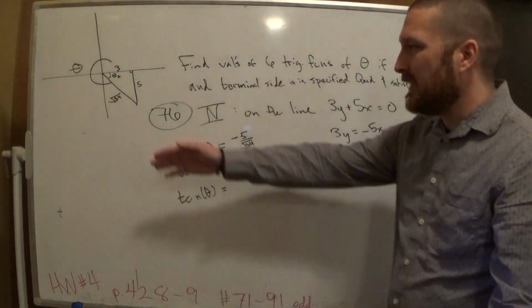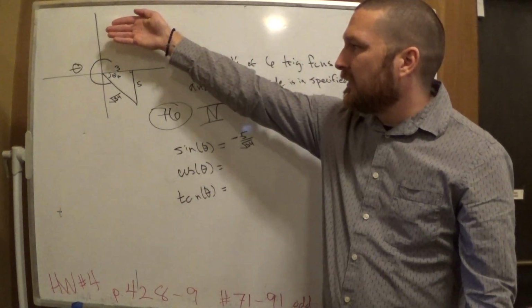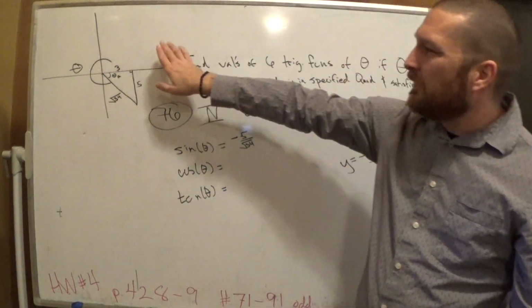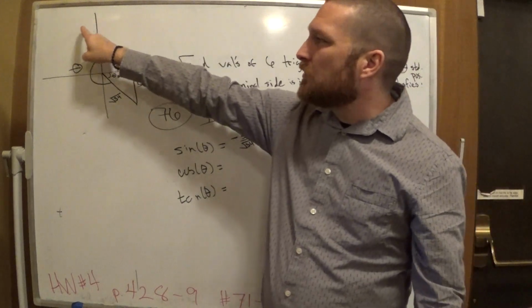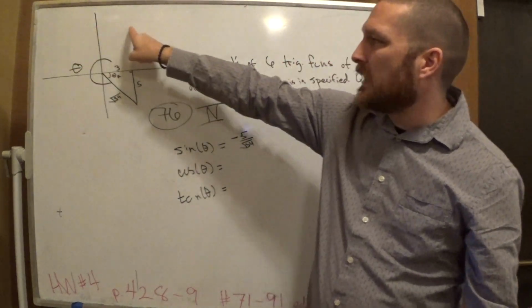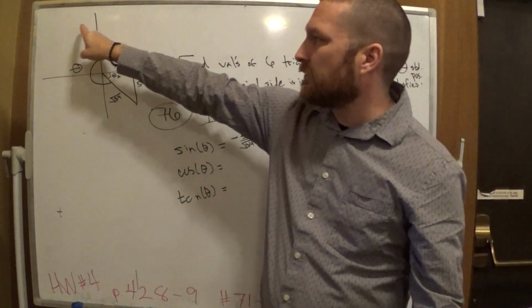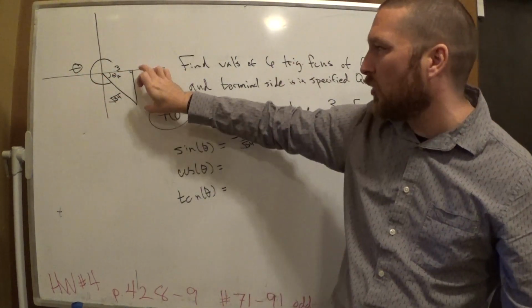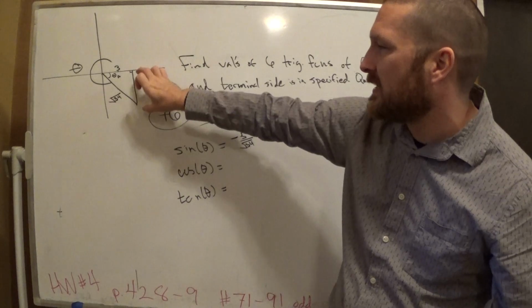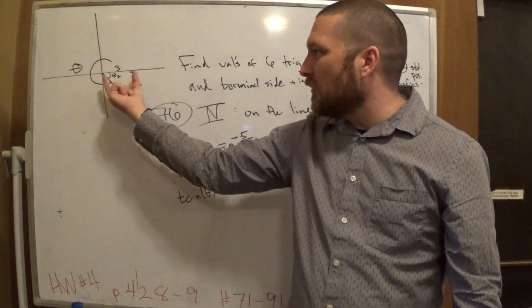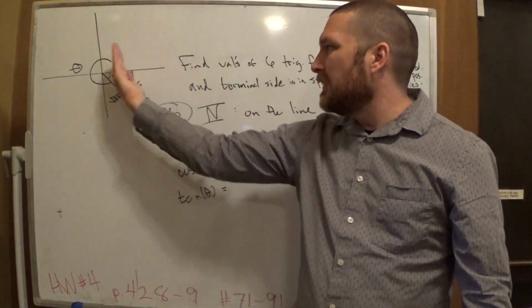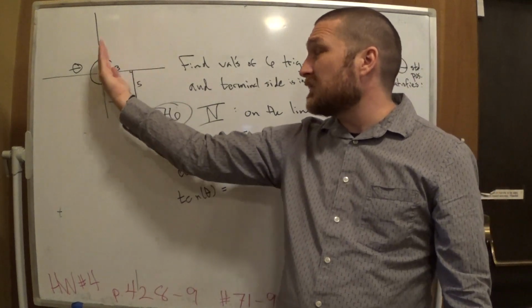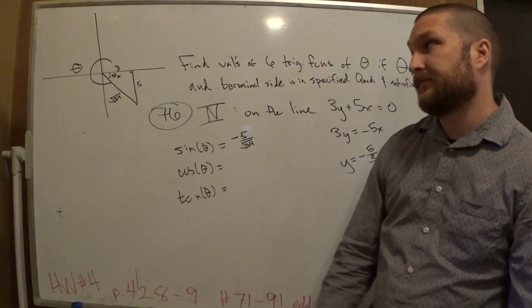Another way of thinking about it is, if your point is in the top 2 quadrants, sine is positive, because sine is the height. The way we're setting these triangles up, sine is always your height, and your width is always x.